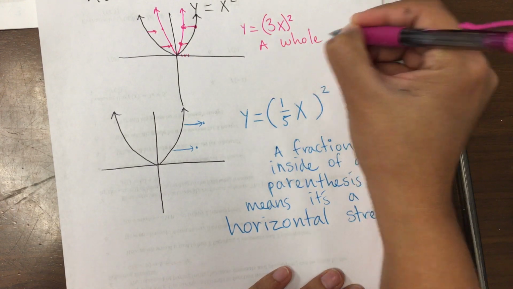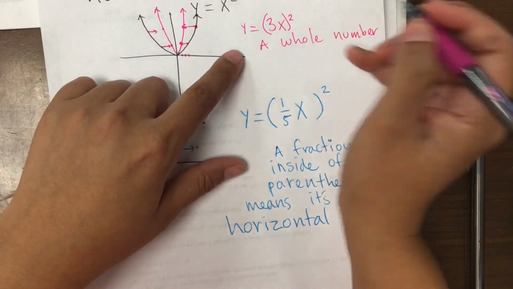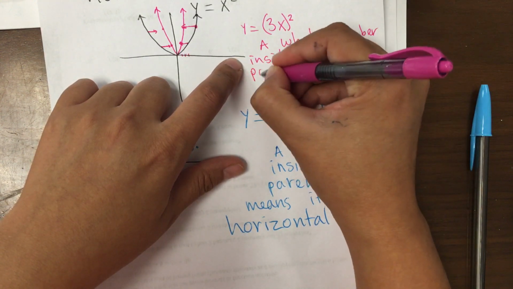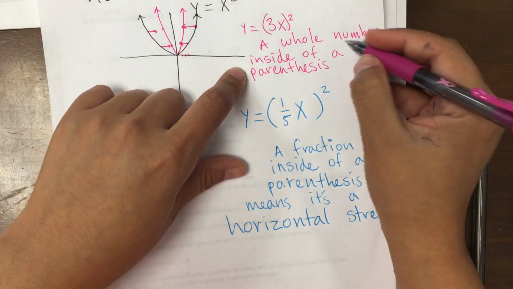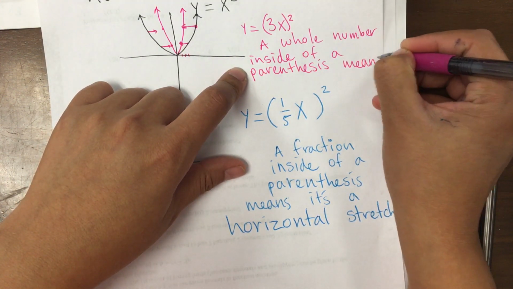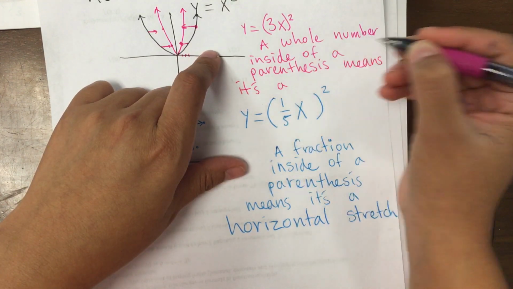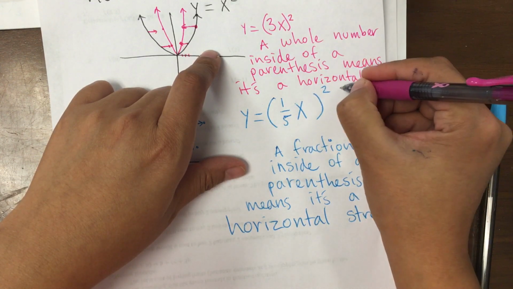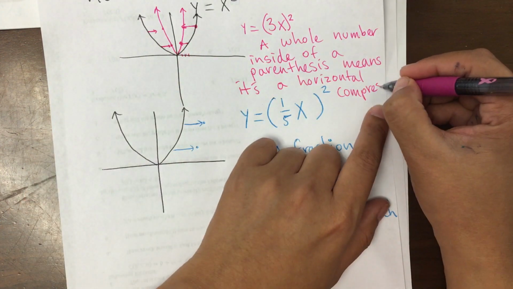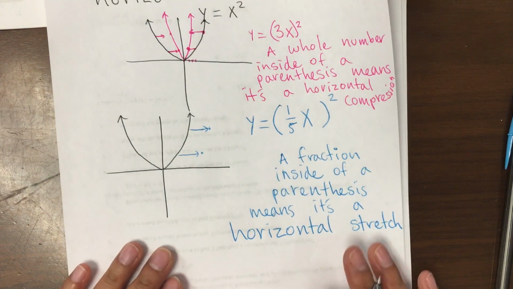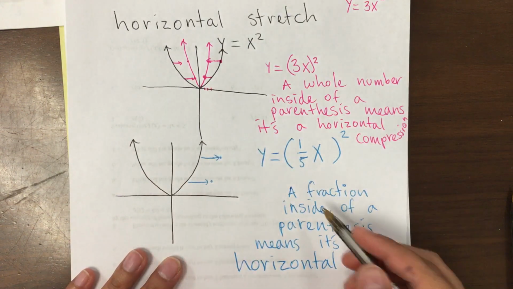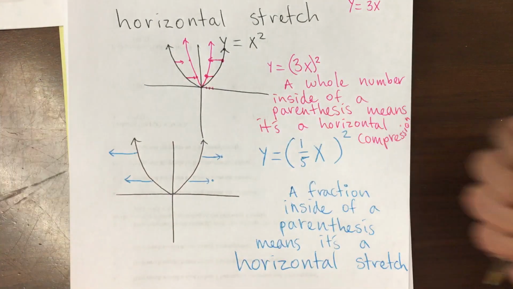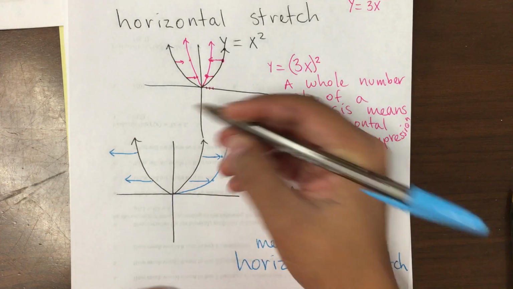When we multiply by a whole number inside of a parenthesis, it's a horizontal compression. Sorry, I'm running out of space in here, but you get the idea, okay? So if we have a fraction, then each point stretches horizontally, and therefore my new graph will be here.